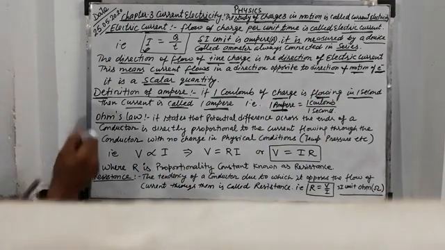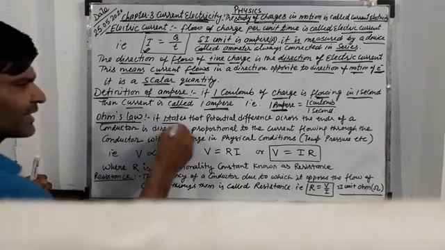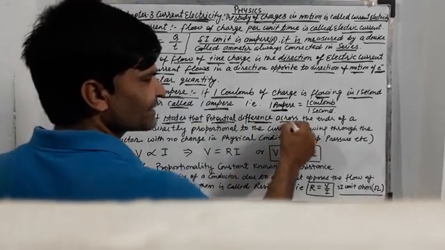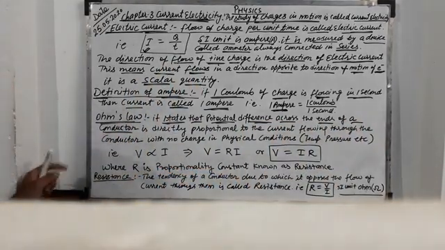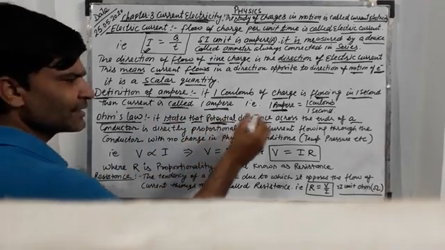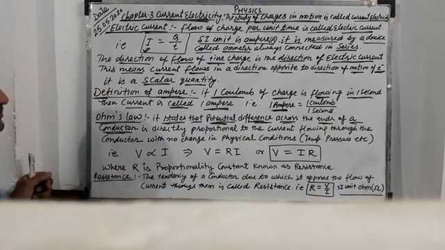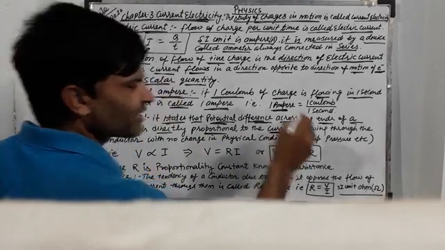Now Ohm's law. What is Ohm's law? It states that potential difference across the ends of a conductor is directly proportional to the current flowing through the conductor when there is no change in physical conditions, means temperature and pressure remain the same. This is a topic of 10th class, but also introduced in 12th.